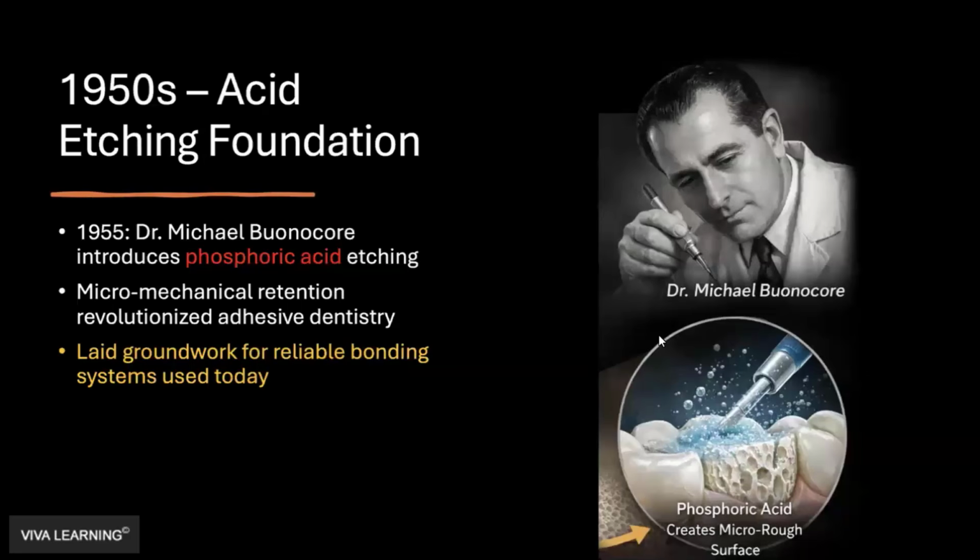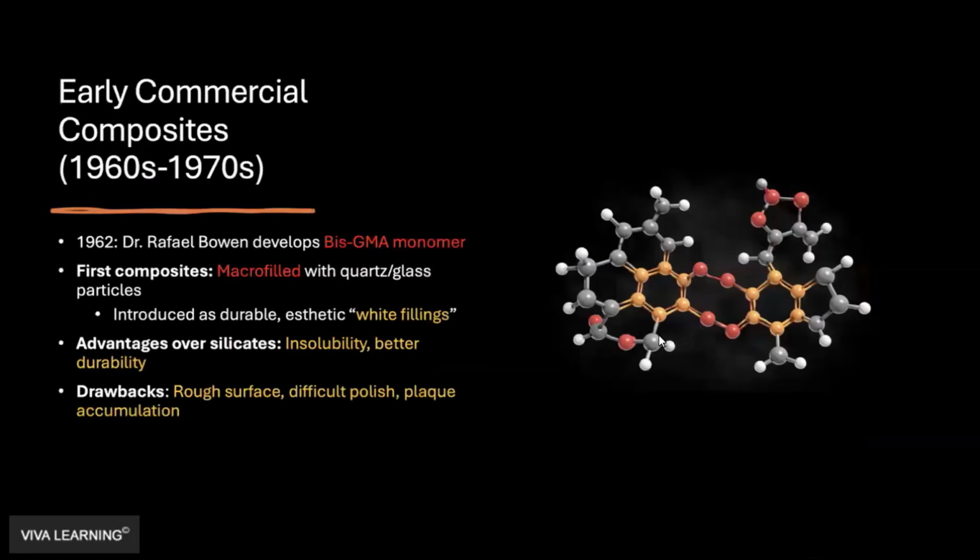The phosphoric acid is what we use for etching. This is basically what the phosphoric acid did: it laid the groundwork for how we do bonding today. We cannot do proper bonding without phosphoric acid today in enamel and dentin.